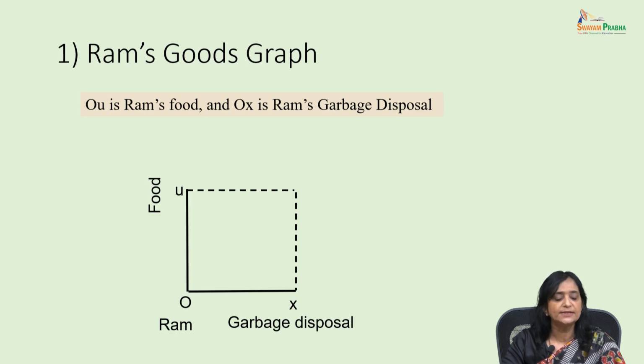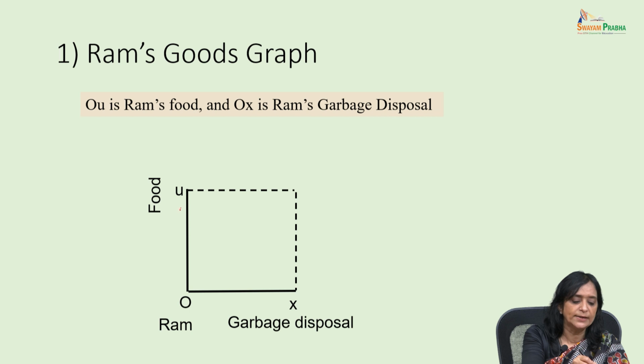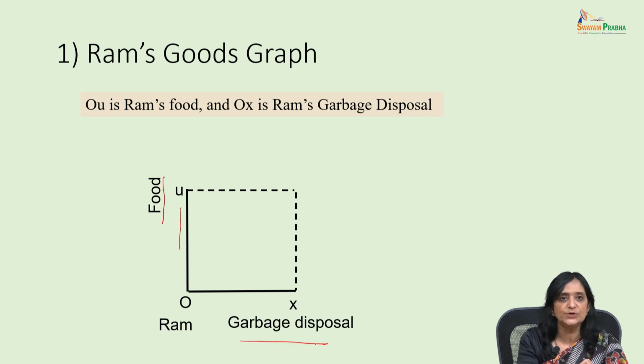Now let us have a look at this. As we said, there are two persons, Ram and Sham. Let us first look at Ram's goods graph. This is the y-axis, where we are measuring food. On the x-axis, we are measuring garbage disposal. O to U and O to X measure the consumption or the choices of Ram.